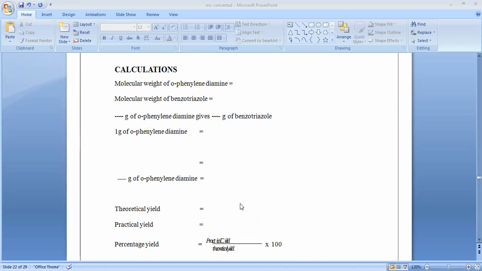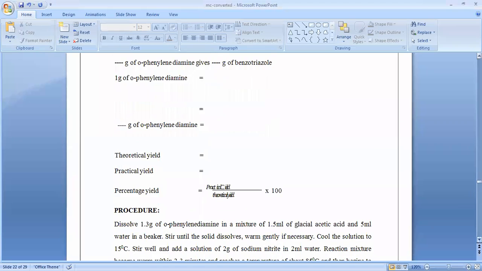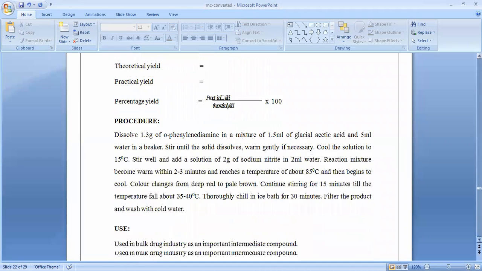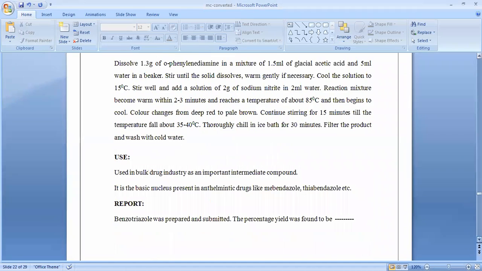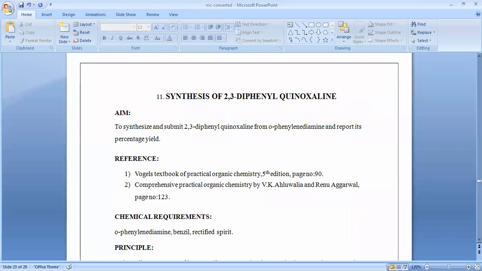So we calculate the practical yield divided by theoretical yield multiplied by 100 for the percentage yield of benzotriazole. So this is the second experiment in which we are going to synthesize benzotriazole.